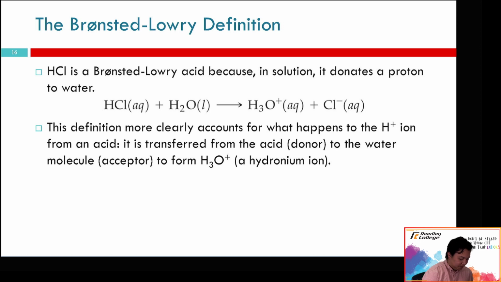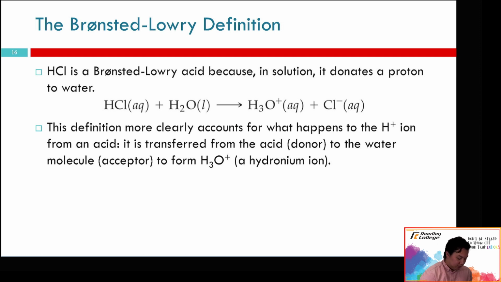So you have HCl and water, and then this extra proton which came from the hydrochloric acid forms this free chloride. This definition more clearly accounts for what happens to the hydrogen ion from an acid. It's transferred from the acid to the water.